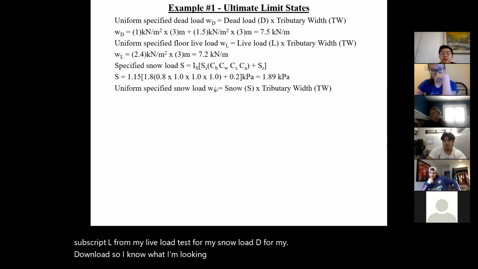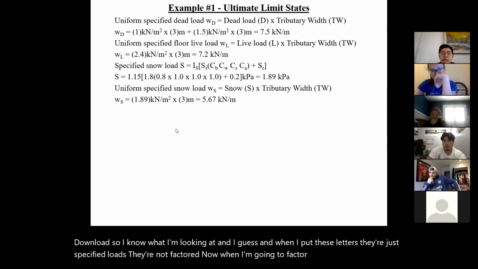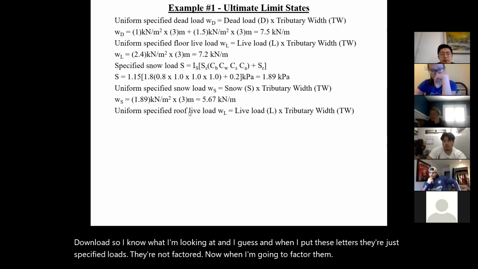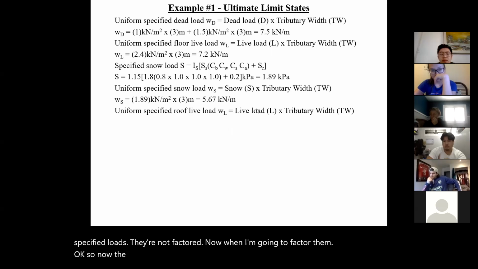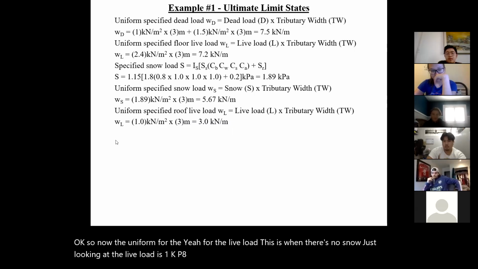And when I put these letters, they're just specified loads. They're not factored. Now, when I'm going to factor them, for the live load, this is when there's no snow, you're just looking at the live load, which is 1 kPa times 3. So now I've got all my uniformly distributed loads.